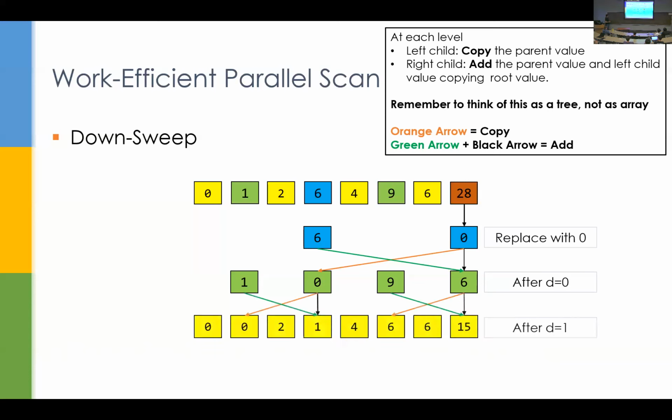Okay, let's do one more. Let's do 6. So we are in this level now. So this value here is 6. We are copying that into index 5. And then new 7 is the old 5 before copying it over plus 7.